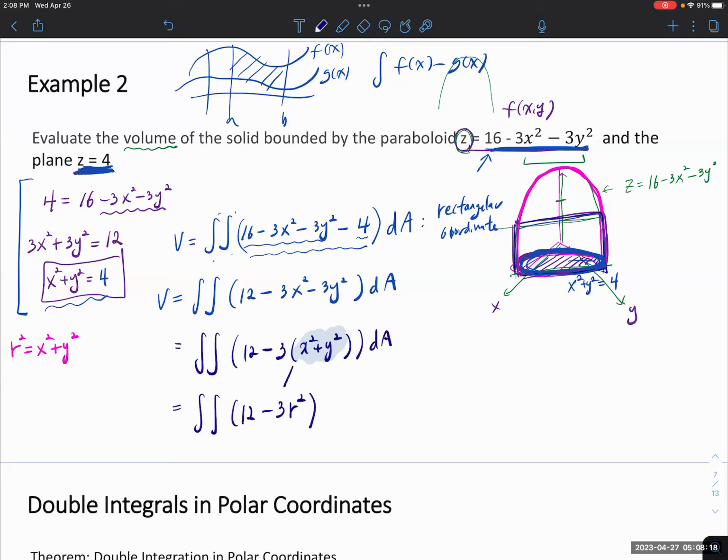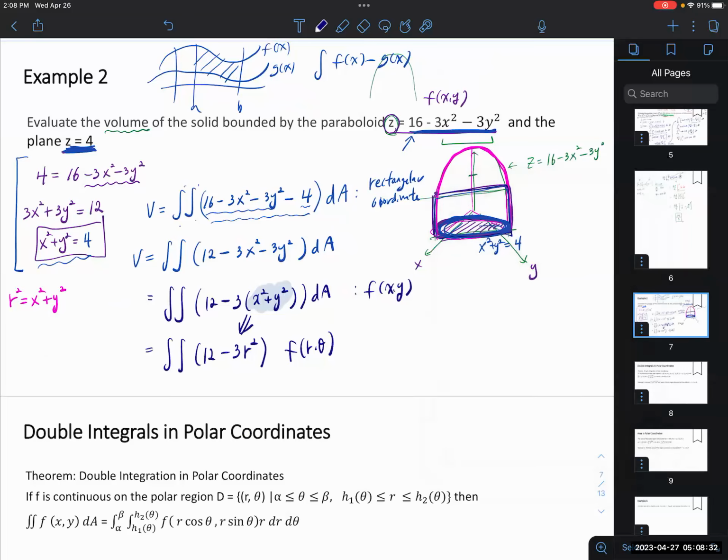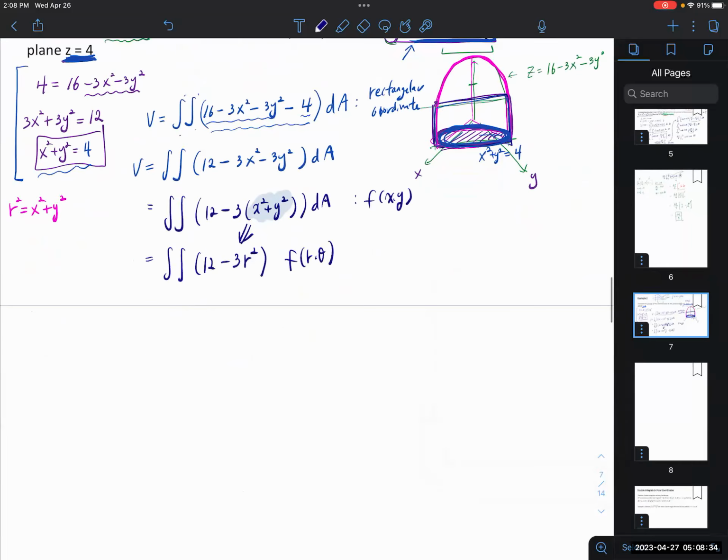This is f of x, y, and this is going to be f of r, theta. So we found r, theta. So now we can find the volume in terms of the polar coordinate. This is a polar coordinate system.